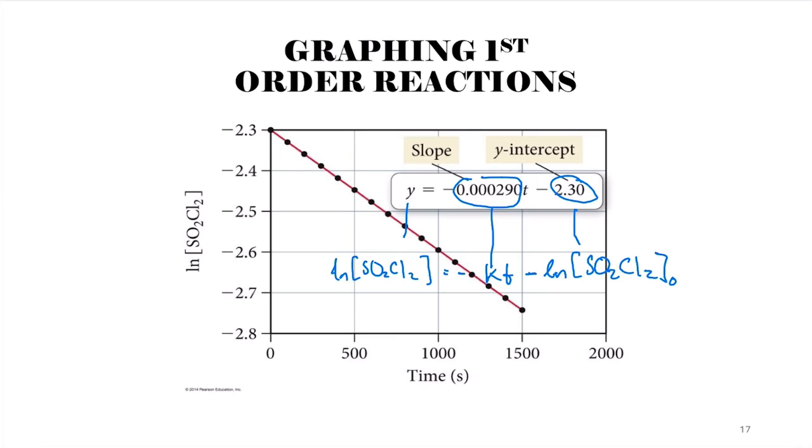So when you plot the data this way, if you get a line, that means that you have a first order reaction. If it deviates from a line, meaning the actual data points form a curve, then you don't have a first order reaction. There's a number of different ways that we can come to a conclusion about the order of our reaction.